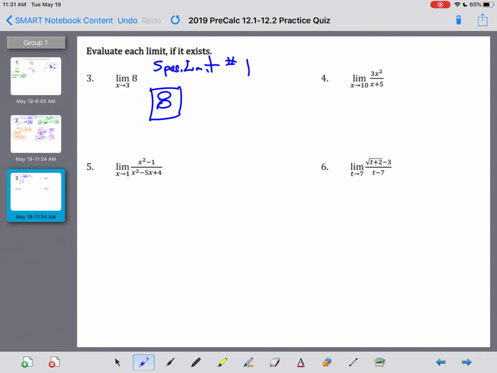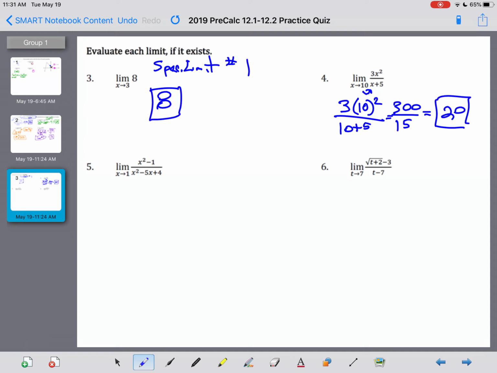Over here, if x approaches 10, I do not get a 0 in the denominator, so I get 3 times 10 squared over 10 plus 5. So it looks like we get 300 divided by 15, which equals 20.